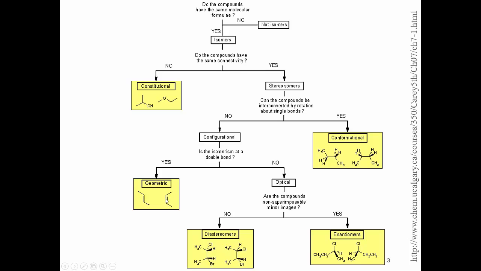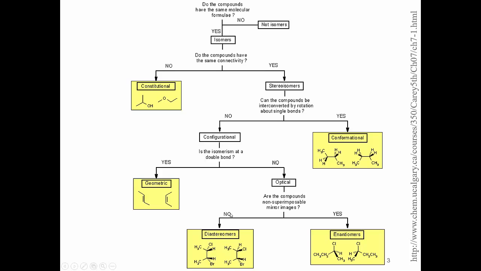So again, the ene is here. So we can clearly name these compounds and differentiate them. Now, for optical isomers, we have what we call enantiomers and diastereomers.